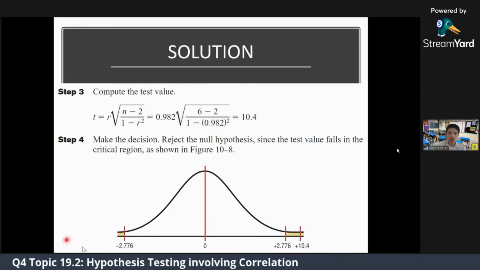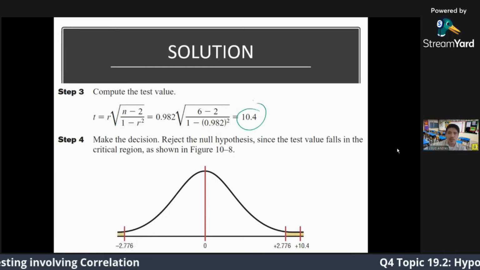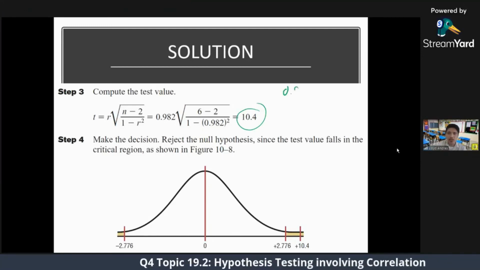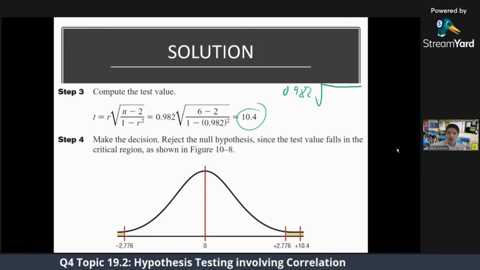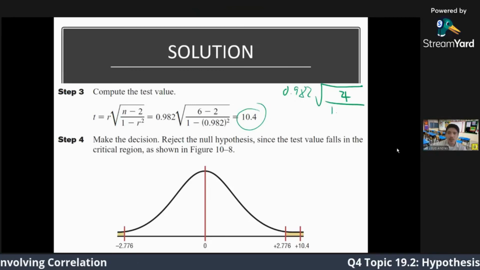So, when solving that, to come up with 10.4, it should be 0.982 times the square root of 4 over 1 minus that answer.